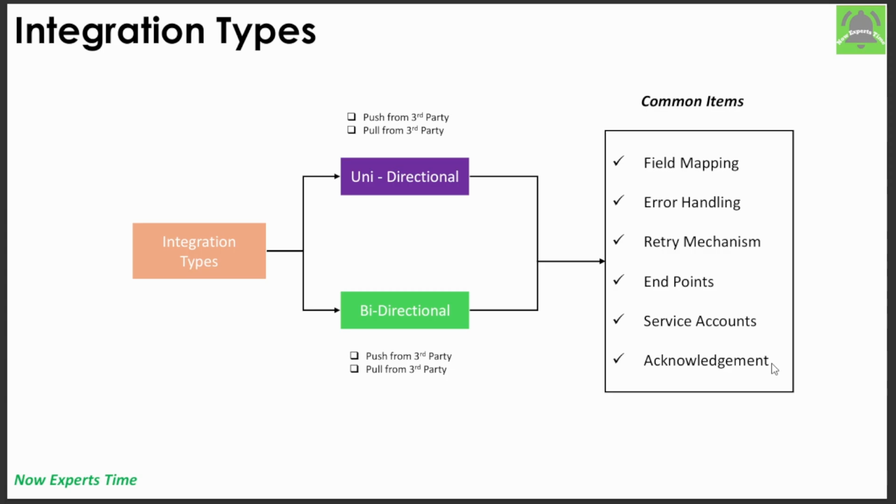If data is flowing from ServiceNow to the third party, it should respond: I received the data, or I didn't receive the data, your data is not right. That type of message should come back, so that ServiceNow can understand, okay, I think I wrongly sent the data, I didn't send mandatory information, that's the reason I'm getting an error. That message will be clearly highlighted in your acknowledgement section.